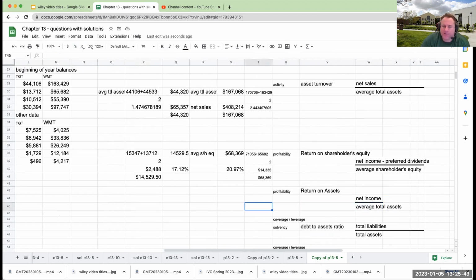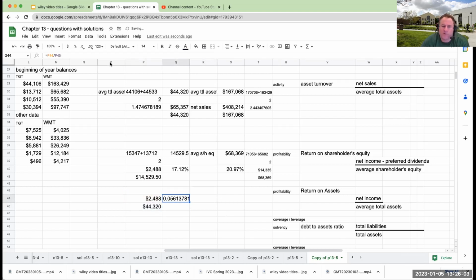Return on assets: net income divided by average total assets. Well, what's good is my net income, we know, is 2,488. My average total assets for Target, we just did that computation above.